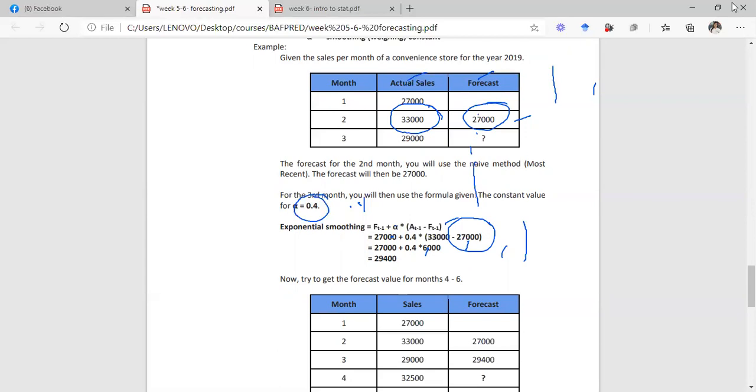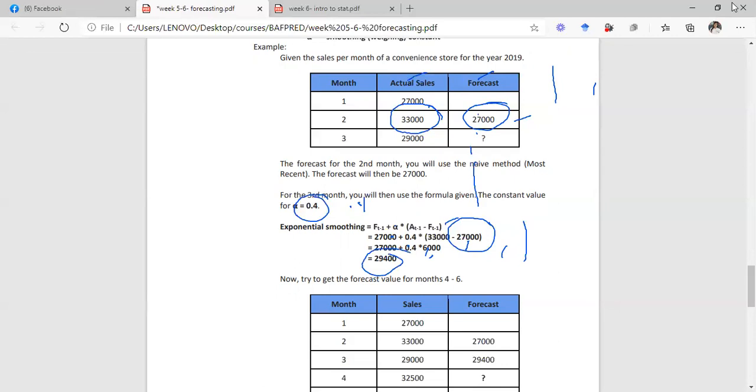So 27,000 plus 0.4 times 6,000 becomes 29,400.